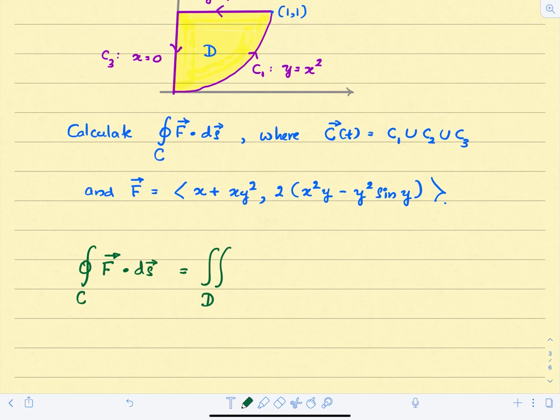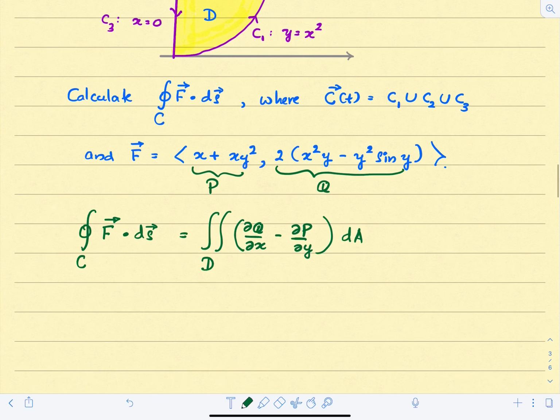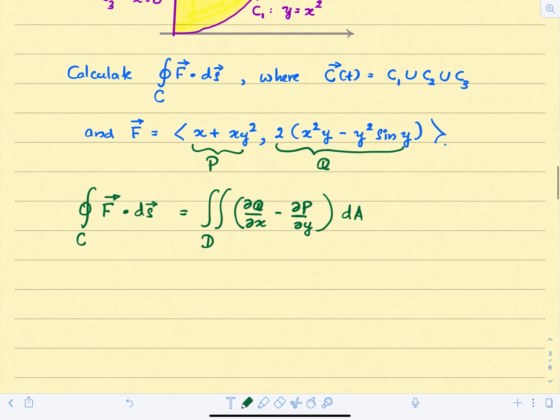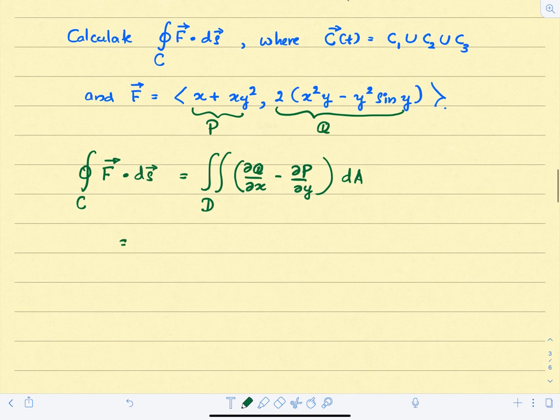If this is your P and this is your Q, it should be partial Q over partial x minus partial P over partial y, dA. Actually, this is why we learned double integrals in chapter 12. Okay, so let's evaluate these two partial derivatives.